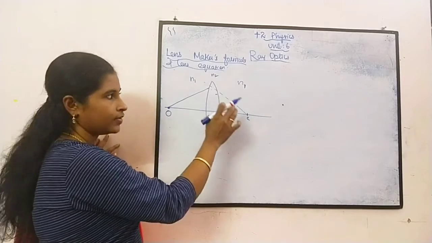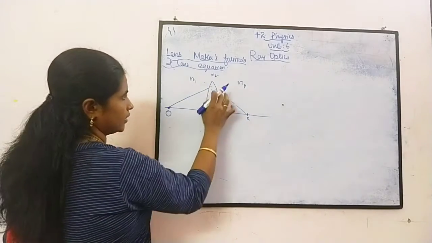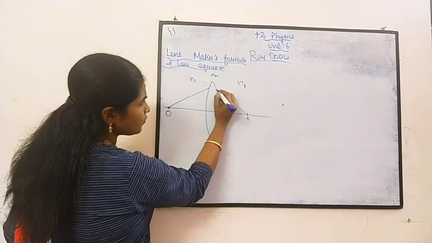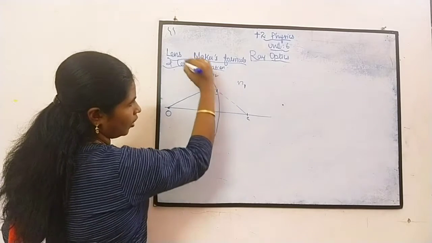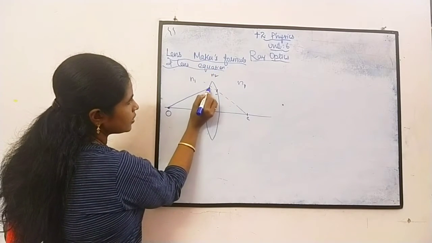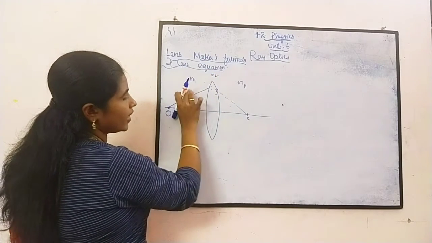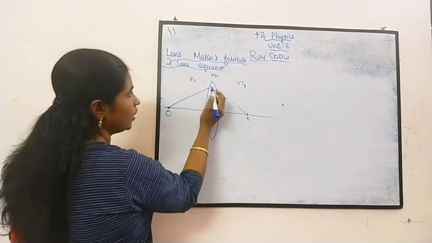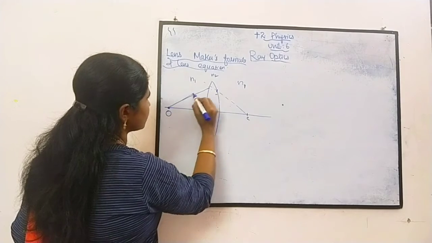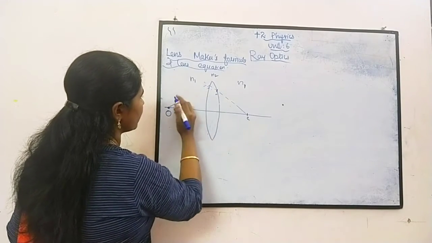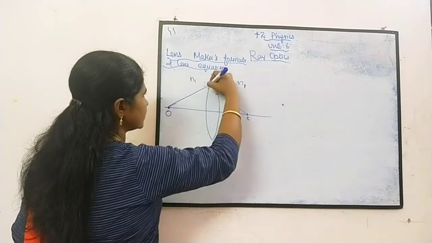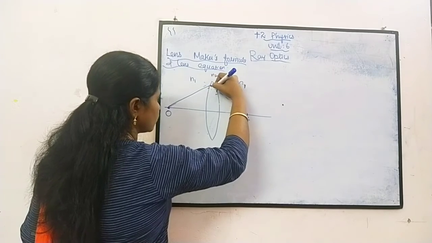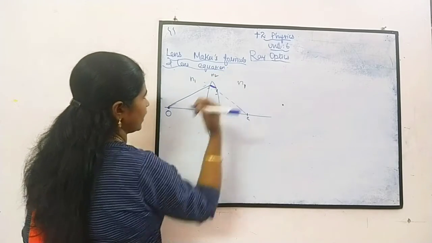The center of curvature is always the normal. When the ray reaches this point, it is traveling from rarer to denser, so it moves towards the normal. This is the refraction here.